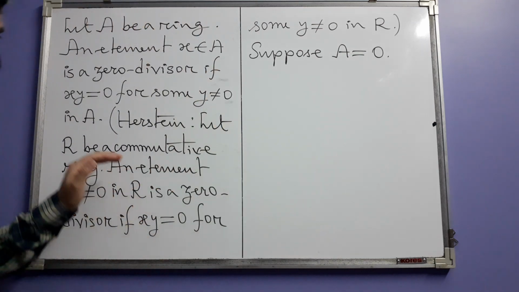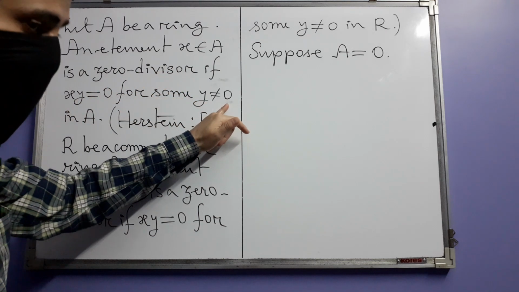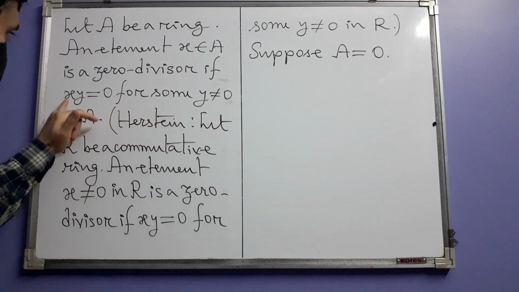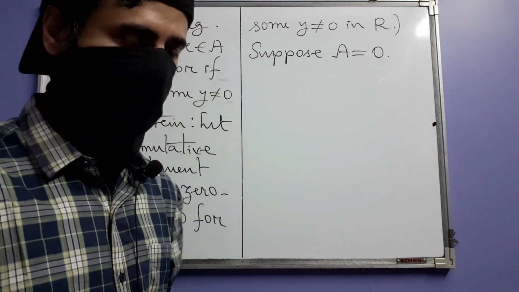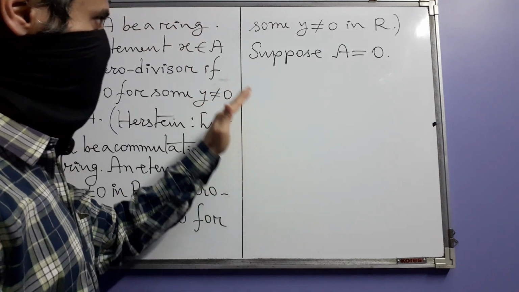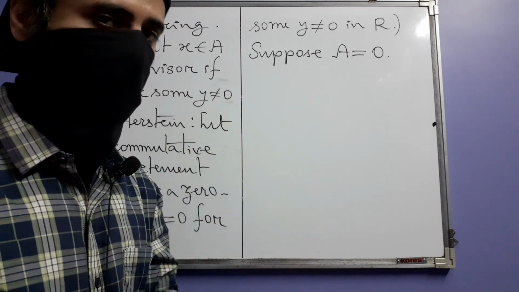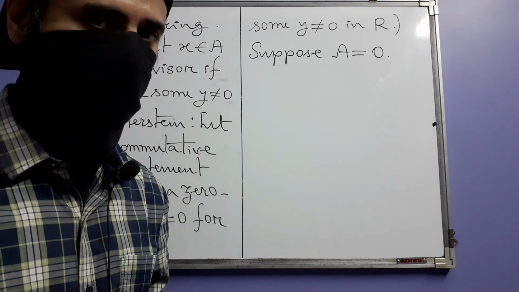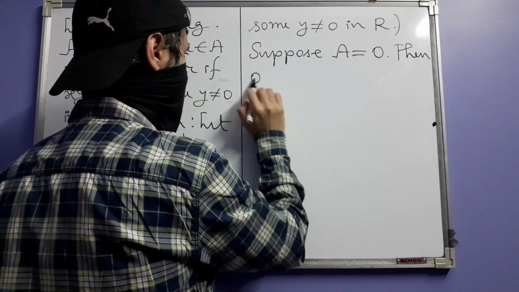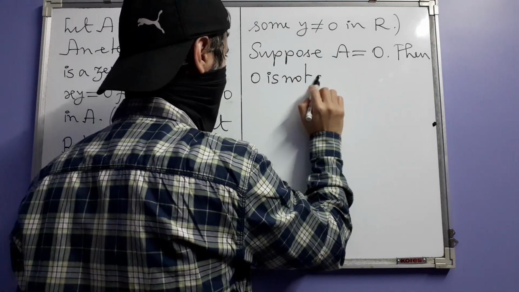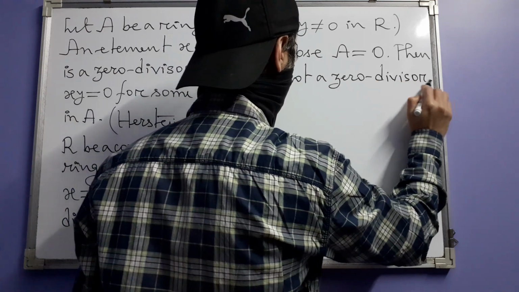Why? Because for 0 to be a zero-divisor, you must have a non-zero element whose product with 0 is equal to 0, but there is no non-zero element in the 0 ring. So in the 0 ring, the only element is not a zero-divisor.